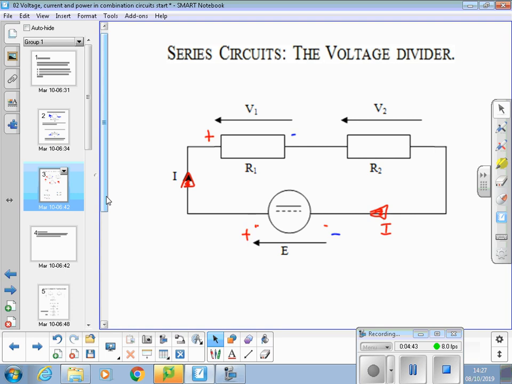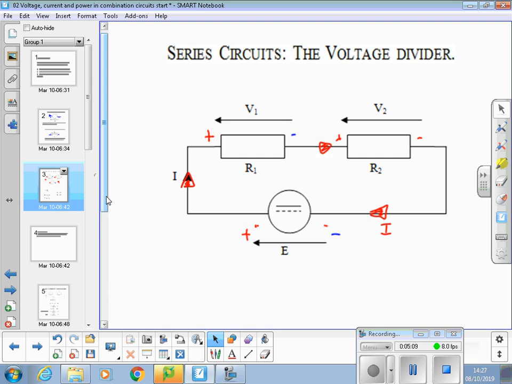And the same with this one. Although that terminal is considered more negative than that one, this one's at the same potential and it's closer to that positive terminal than this end is. So that's negative. Arrow goes that way, current is travelling through that component in that direction. All okay with that? Yeah?